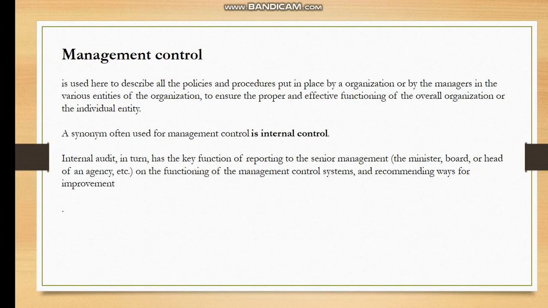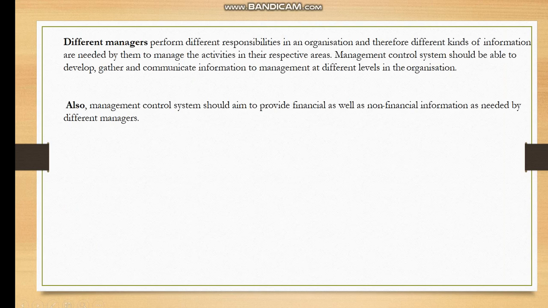Now, management control is used to describe all policies and procedures put in place by the organization or by managers. There are synonyms of management control system, and sometimes it is called internal control or internal auditors. This is what we call management control.